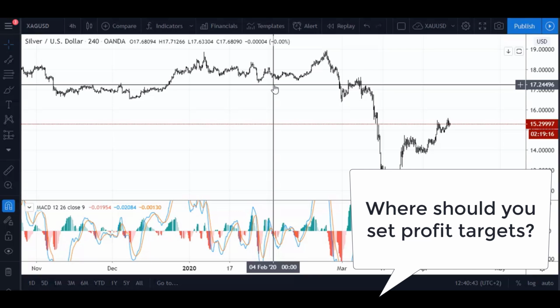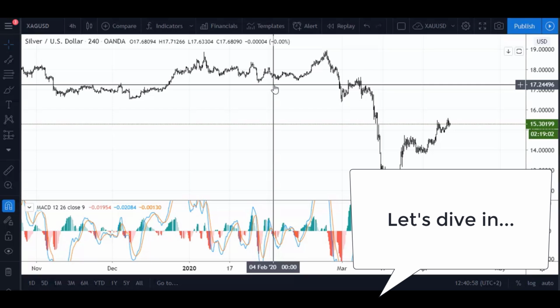So today I will be elaborating a little bit on target setting when you trade expanding triangles, sorry guys, where to set your targets, and I'll be running through a few real examples that we actually traded, and then also a few more examples of expanding triangles that appeared under different conditions.